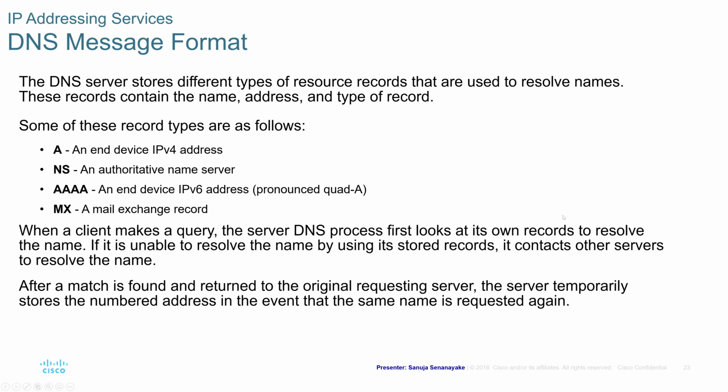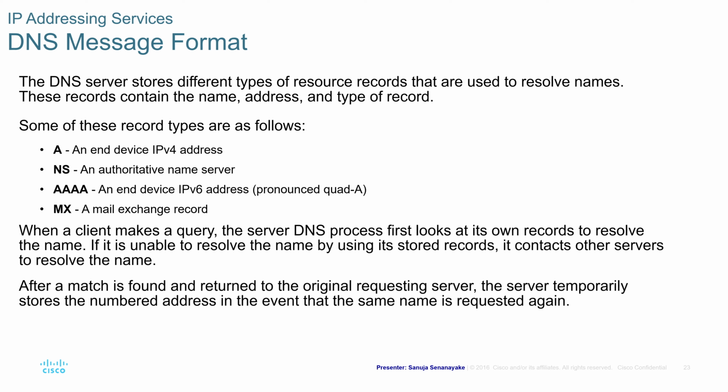So in a DNS message, the DNS server stores different types of resource records that are used to resolve names. These records contain the name, address, and type of record. In the DNS message format, there are a few record types included within it, for example A, NS, AAAA, and MX records.